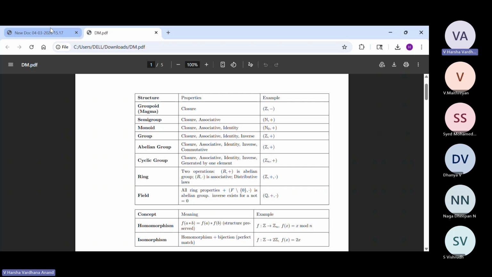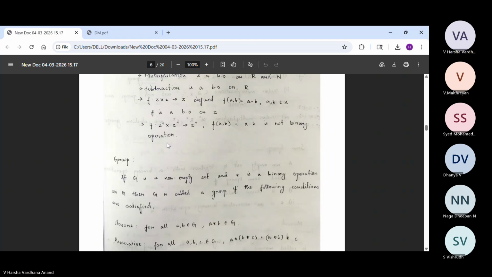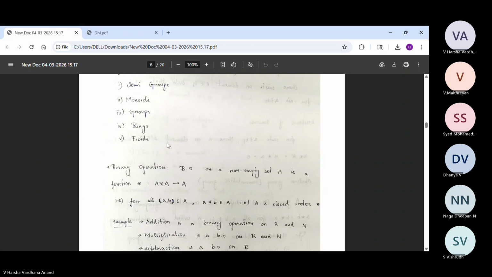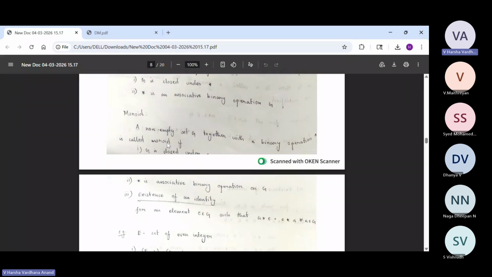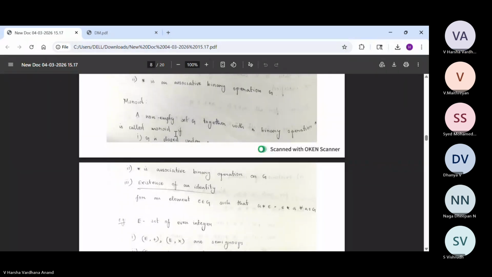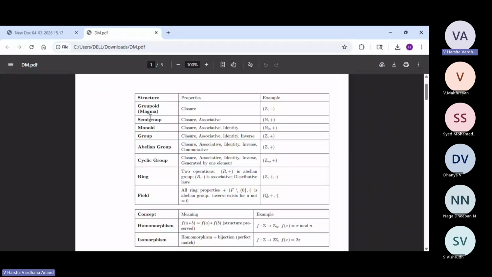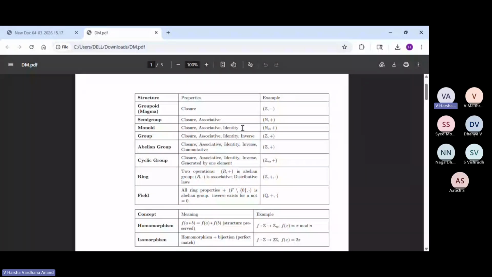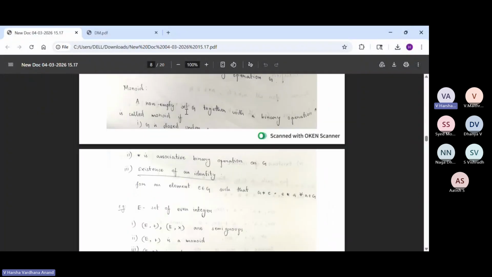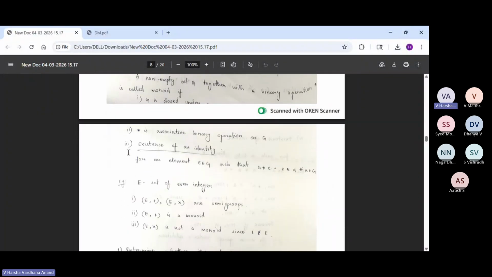So next, wait, we'll just go to this. Okay, he starts from group here. He starts from semigroup. So again, monoid here is semigroup with an identity element. So it will be closure, associative, and identity. So here you can say existence of an identity.